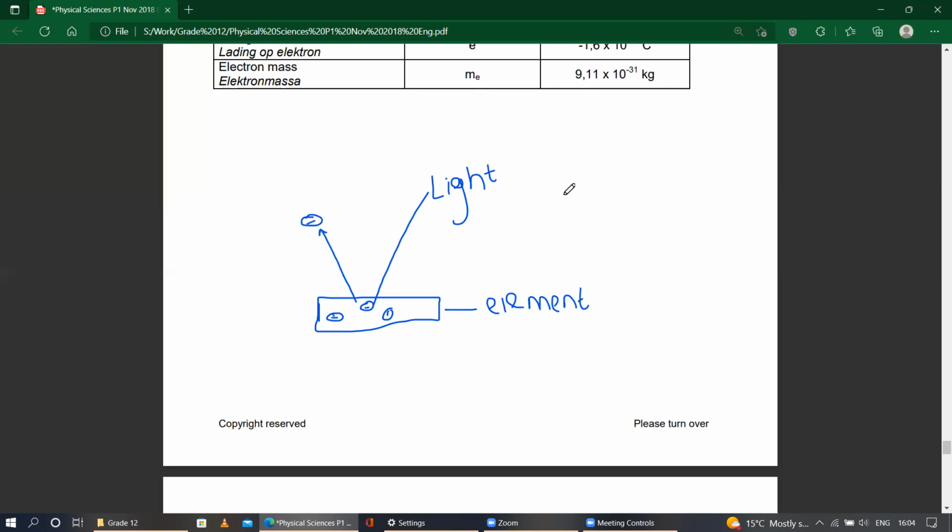Because if you guys remember, every element, let's say an atom, because an element is the same thing as an atom anyway. So here you're gonna have your nucleus. Then the nucleus is surrounded by electrons. So if that light is shined on the atom, the electron is gonna gain energy.